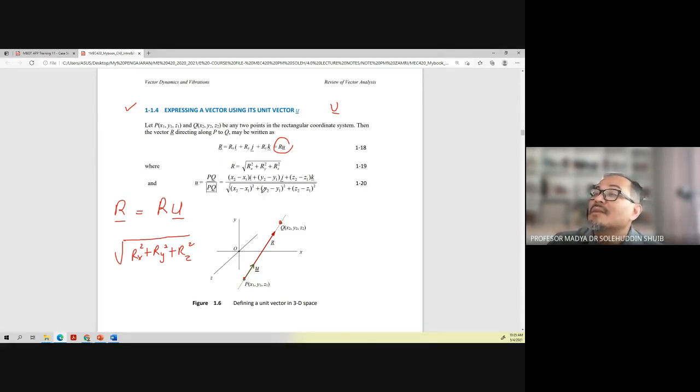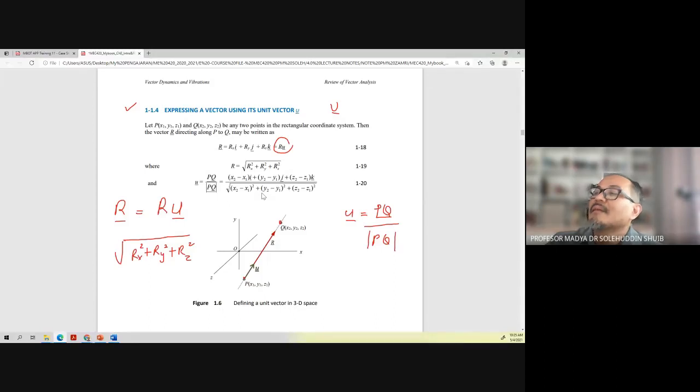Unit vector U equals, look here, PQ, from P to Q. So vector PQ, I underline it because it is a vector, and then you divide by the magnitude of PQ.